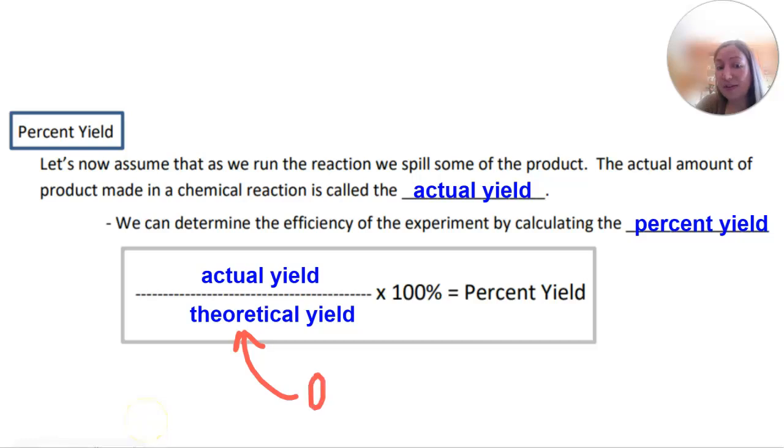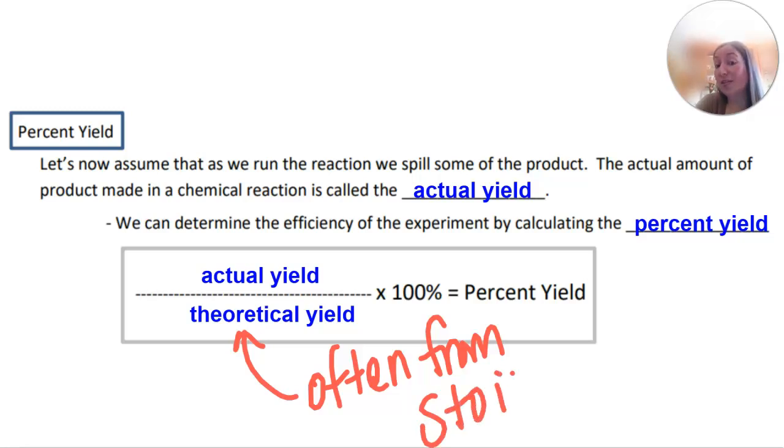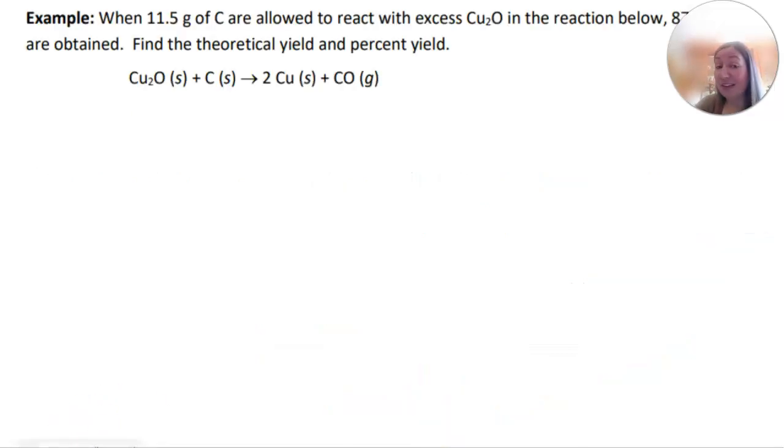So that theoretical yield is often from our Stoich calculations, from doing that mathematical calculation. Let's just put Stoich math. So let's see what that looks like.